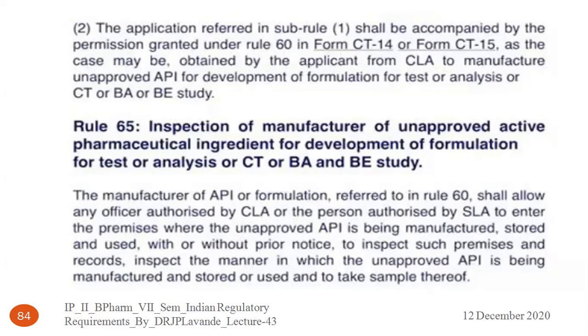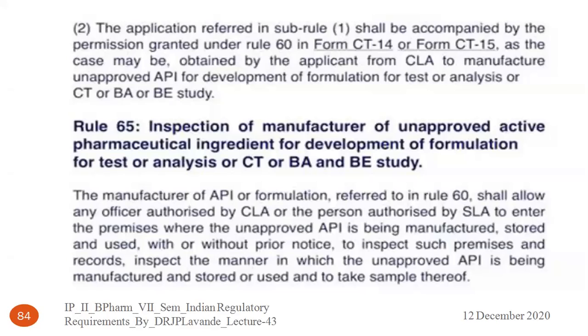Rule 65 is related with the process of inspection. Inspection of what? Inspection of the manufacture of unapproved API, active pharmaceutical ingredient, for the development of formulation. Now this formulation is to be used for either test or analysis or clinical trial or BABE study or examination or analysis.